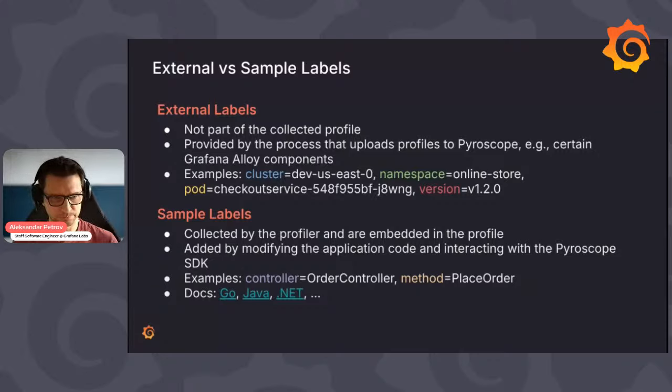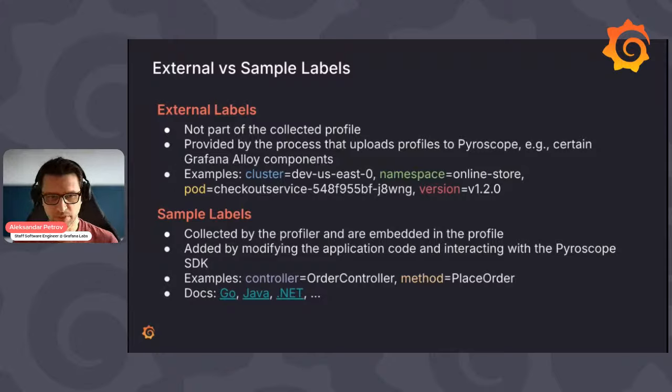Then we also have what we call sample labels, but we also call them dynamic labels. These are collected by the profiler itself, and they're embedded in the profile. To have these labels, you have to modify the application code. This is very similar to how with metrics, you can have custom metrics with your own tags.